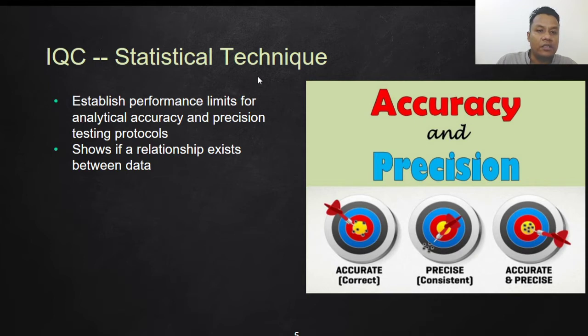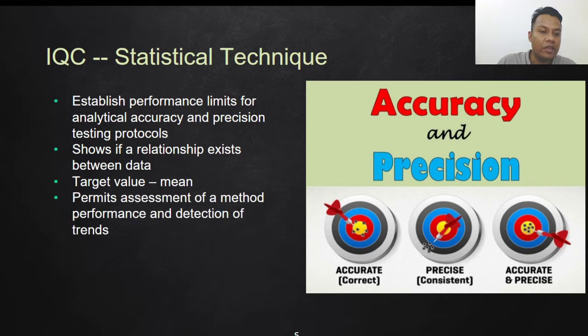By doing statistical technique for the QC, you can show if a relationship exists between data. Every time we perform the QC, we are targeting the mean value. So I will explain these two deeper in the next slide.